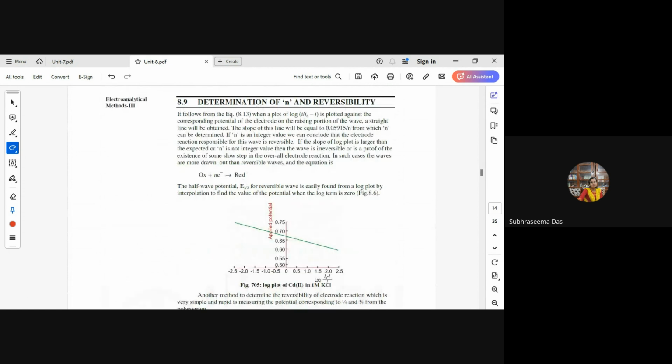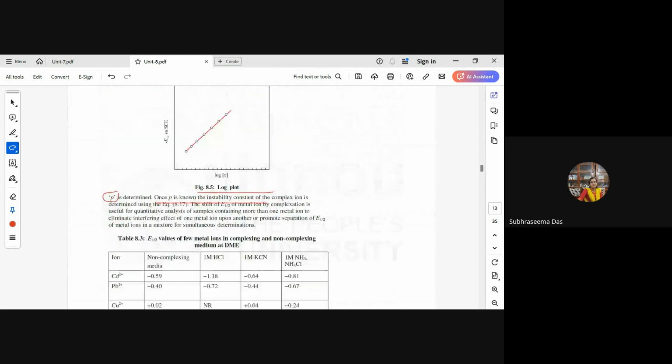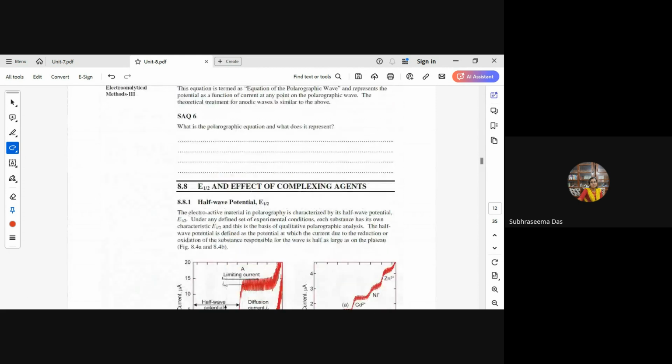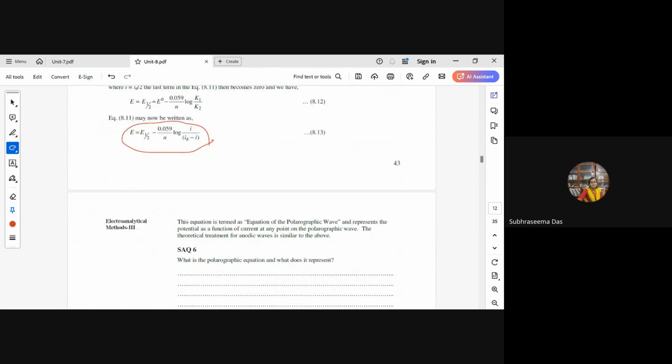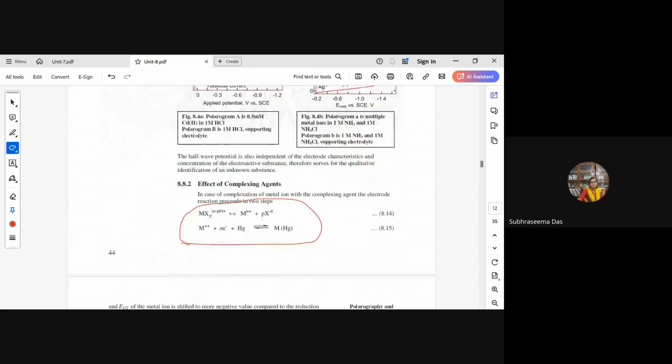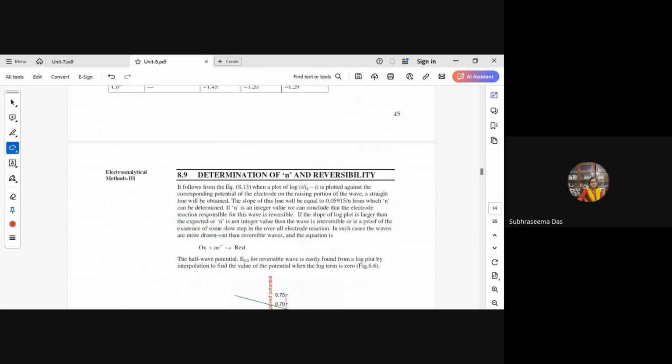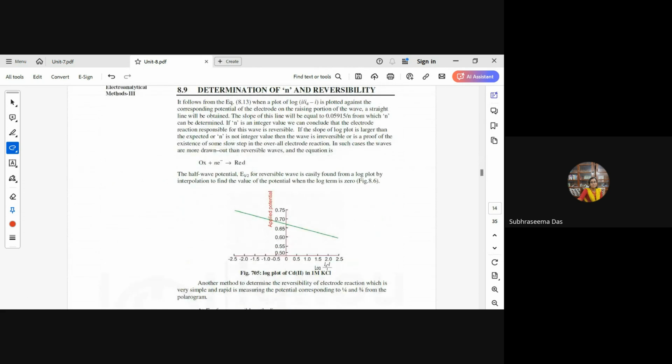Then determination of n and reversibility. If we look at equation 8.13, that is the polarographic equation that we have studied, we find that when we plot a graph of log of I by ID minus I against the applied potential, a straight line is obtained.